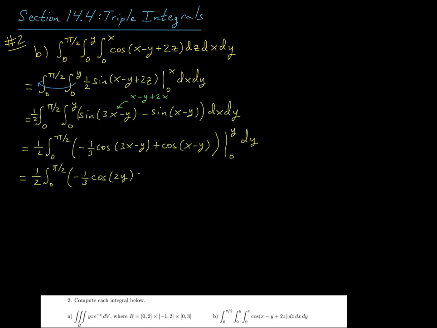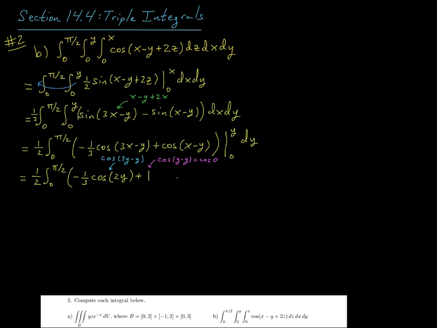Then we're going to get plus the cosine of y minus y, which is the cosine of 0, and that's equal to 1. I said this out loud, but I'll make that note too. This is really the cosine of 3y minus y, which is where we're getting that 2y. Cool. So that's what we get when we evaluate at x equals y.